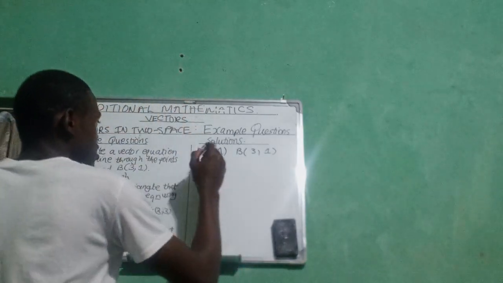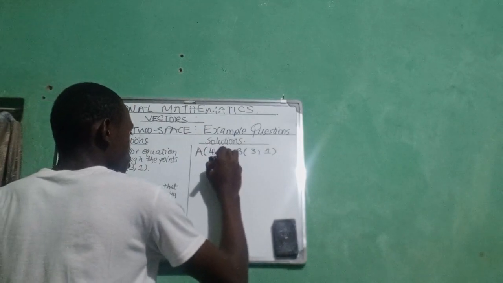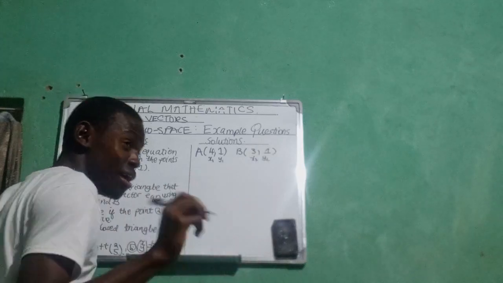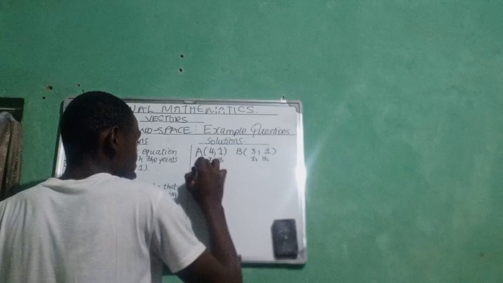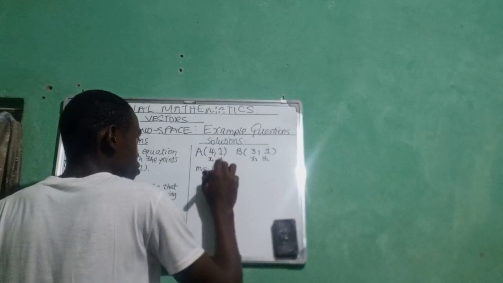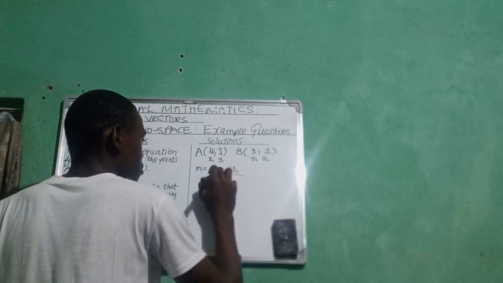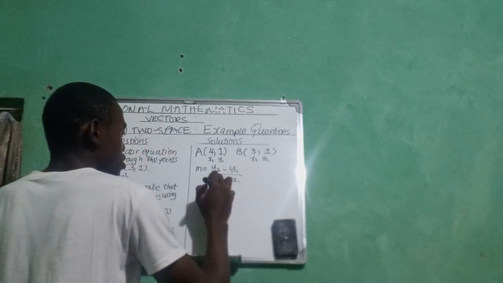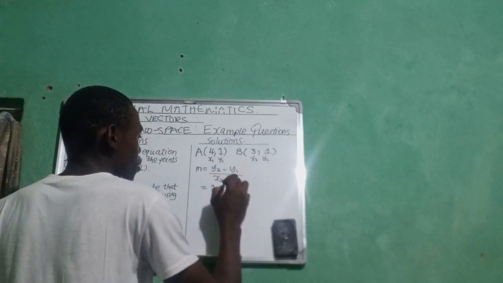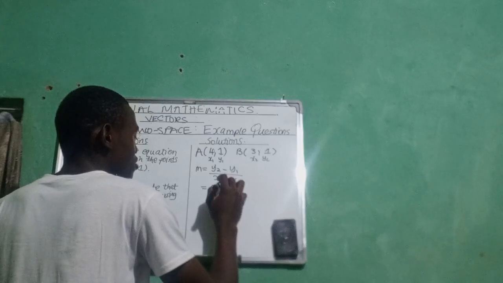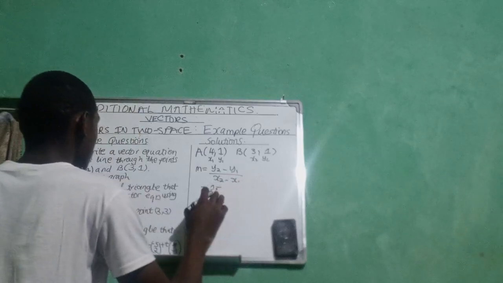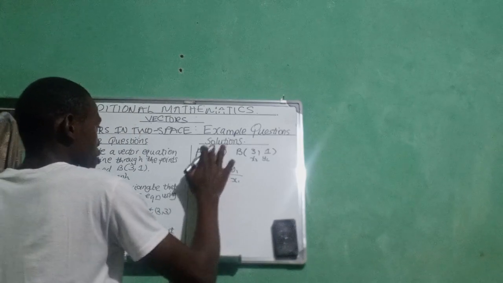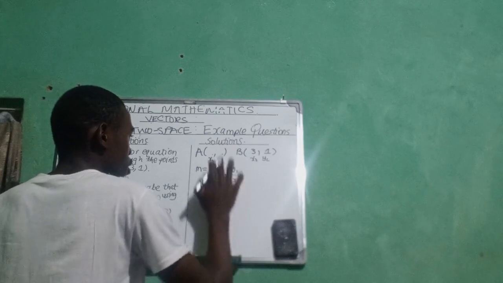So let's label these as our x1, y1, then x2, y2, then m, representing the gradient, is equal to y2 minus y1 divided by x2 minus x1. Alright, I switched the coordinates.